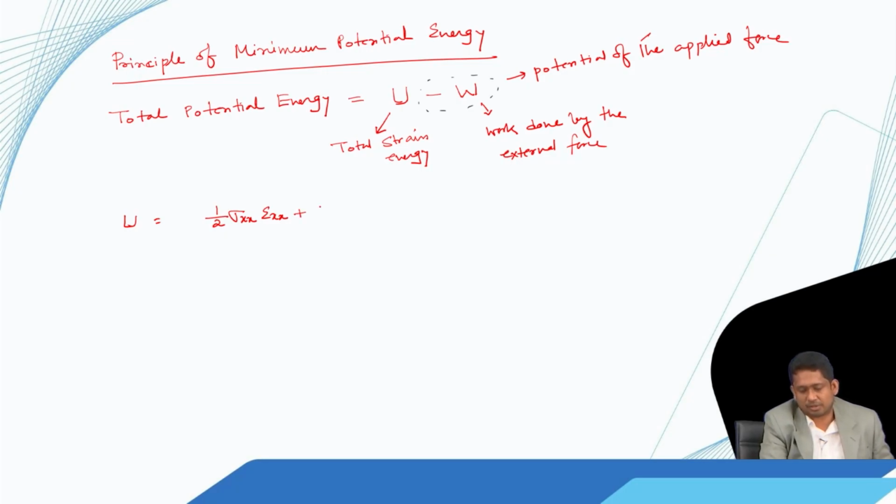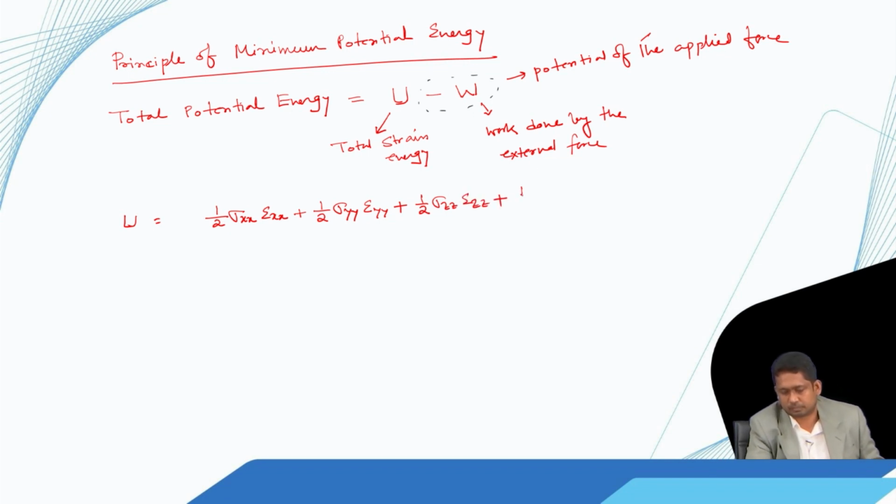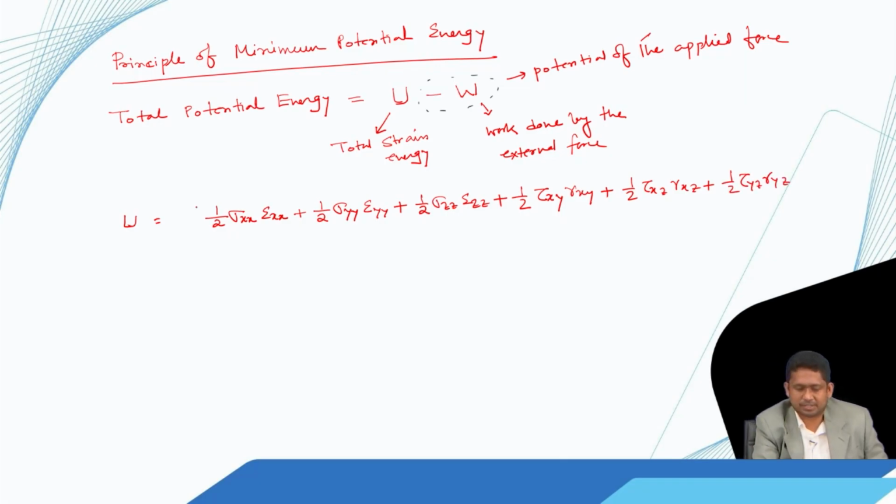If I consider all the components, the total strain energy is half into sigma xx into epsilon xx plus half into sigma yy into epsilon yy, and we do it for all the components, plus half into tau yz into gamma yz.